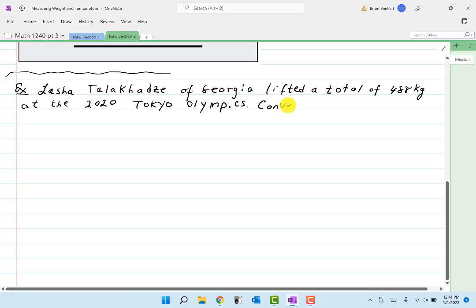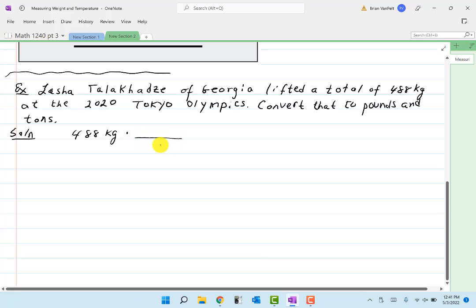Convert that to pounds and tons. So as usual, we start out with the 488 kg, and then since I want it in pounds, I'm going to see if there's a connection between pounds and kg.